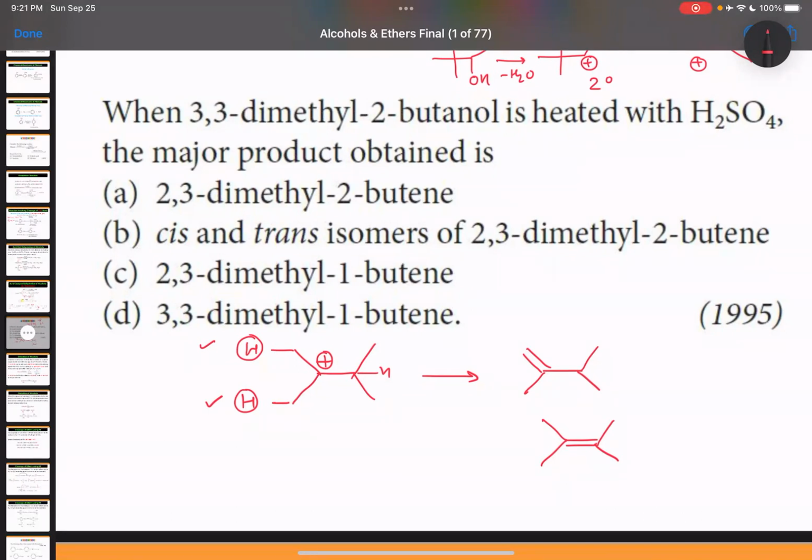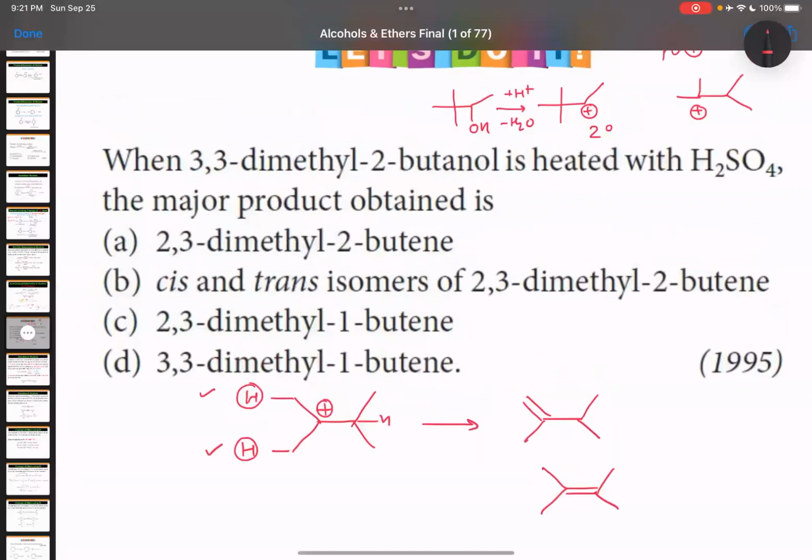Anti-Markovnikov? No, that was also for the addition of HBr. HBr is going to add in a simple way, it is Markovnikov, and if it adds in the presence of peroxide, it is anti-Markovnikov addition. So what about this one?